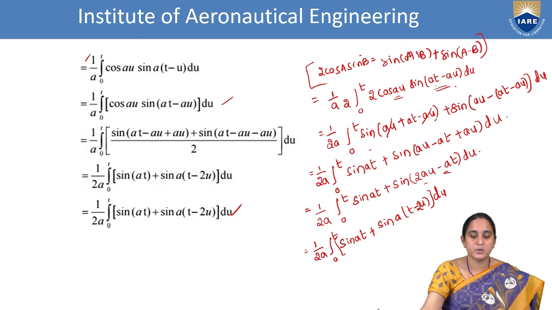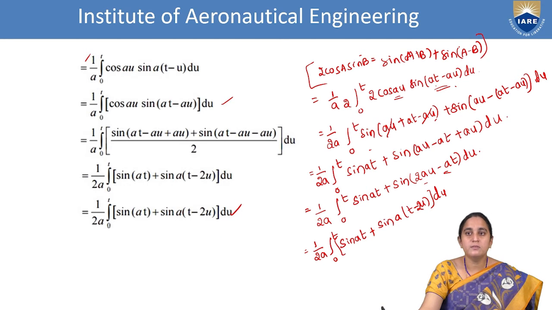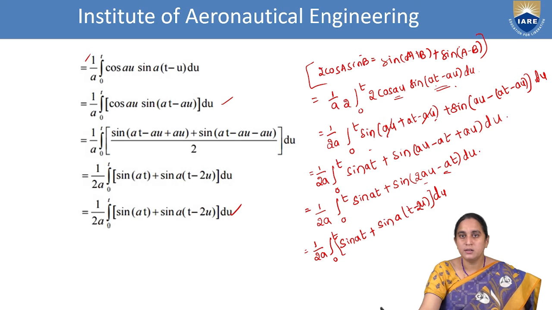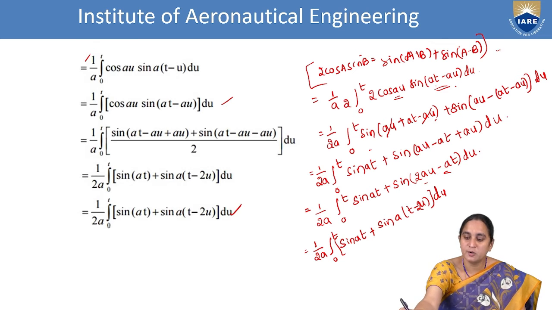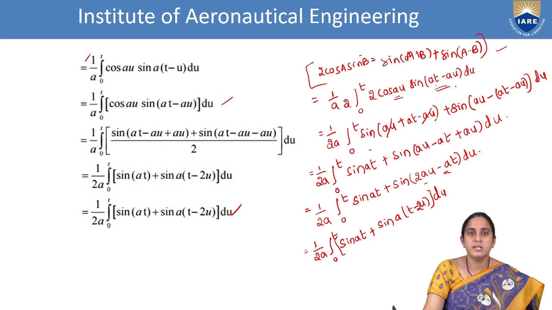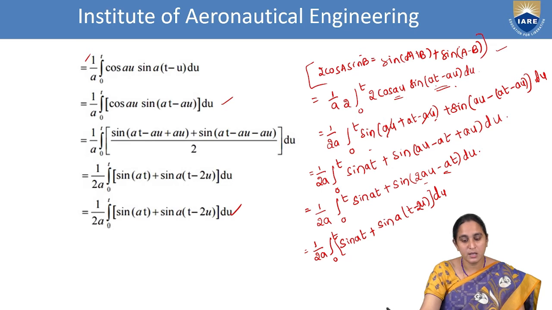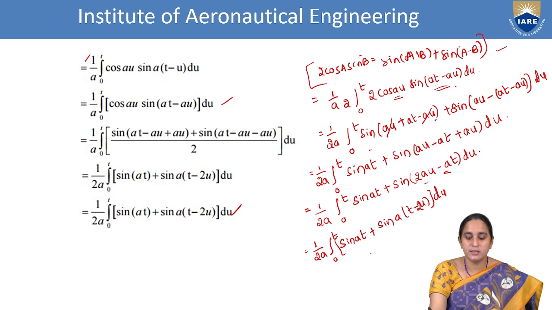This is this step. 1 by 2a into integral 0 to t sin at plus sin a of t minus 2u du. Now integrate. After writing the trigonometric formula, all formulas are important at the intermediate level, each and every formula is important.